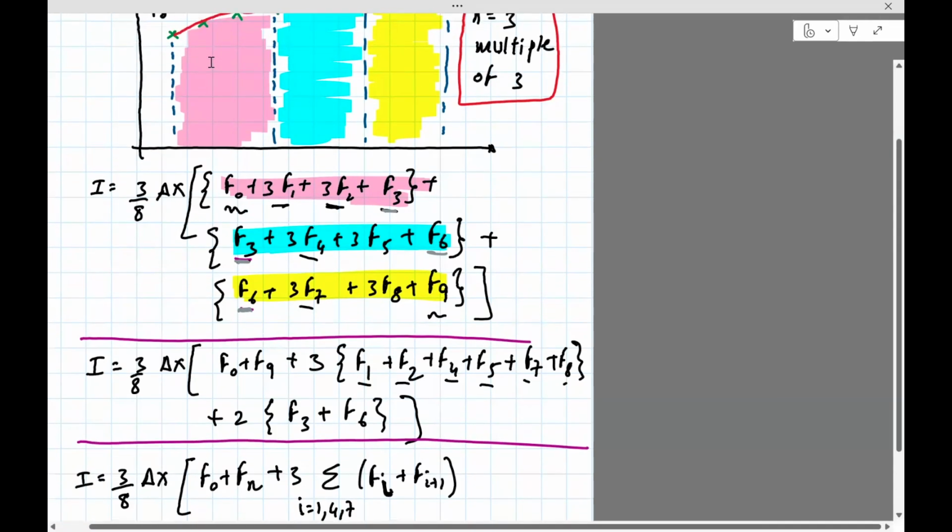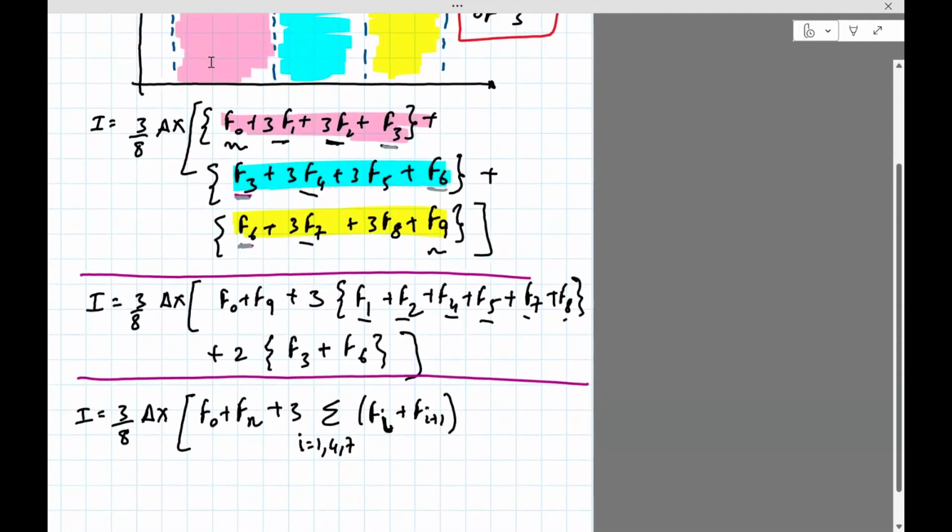8 is actually, we had 9 terms, and 8 is 1 less than 9, so n minus 1, plus 2 times the summation of fi. Here we see it's 3, 6, so it looks like it's a multiple of 3. So 3, 6, all the way to n minus 3.